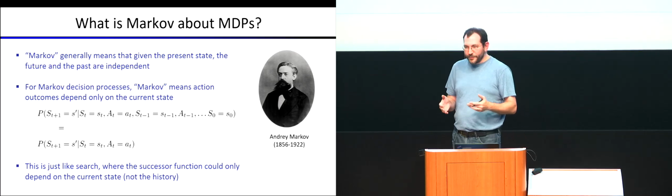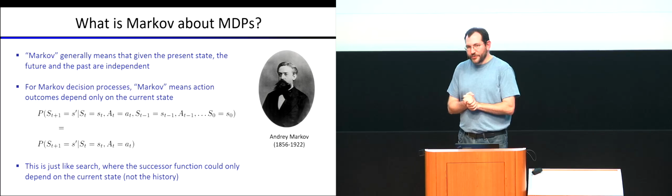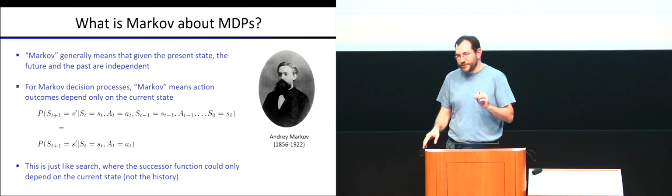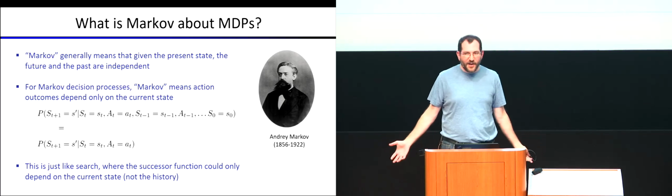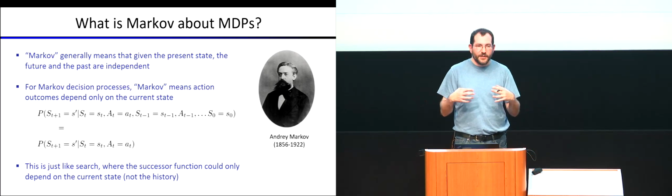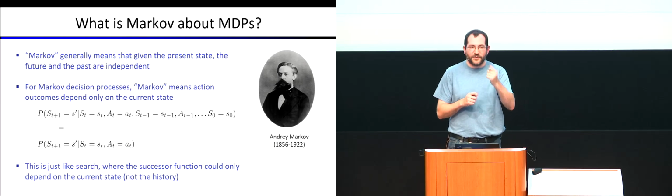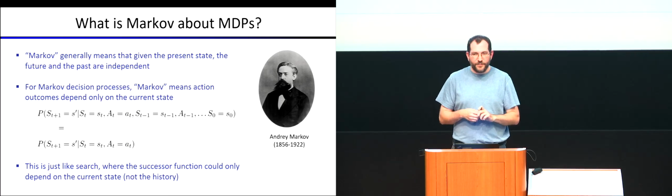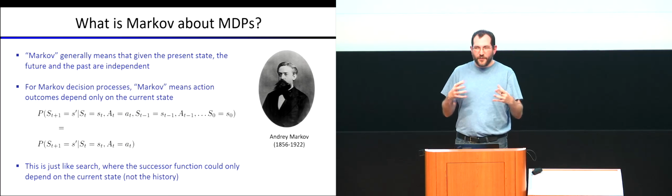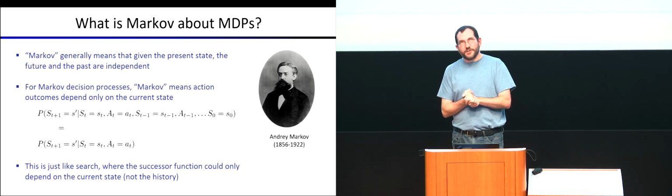If you'll remember, this is just like what we had in search. We had to be very careful to formulate our search problem so that the state had any information stuffed into it that was necessary to let the successor function fully describe the problem. And so with search, we often formulated, all right, my state can't just be Pac-Man's position.